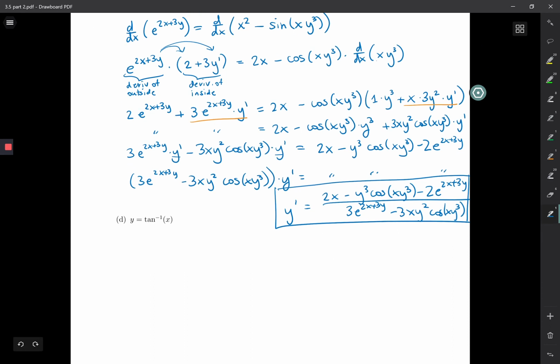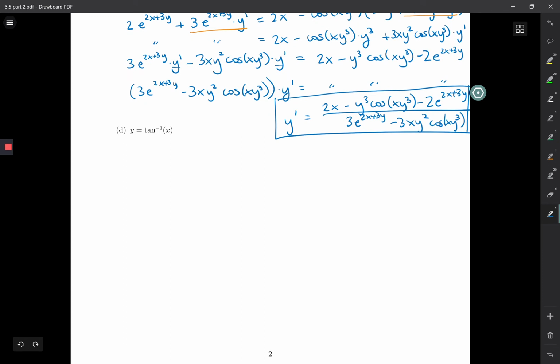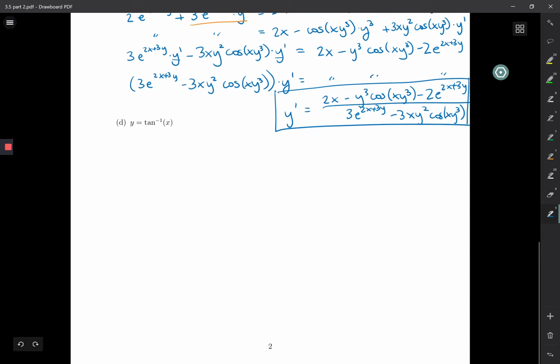Okay, so the last problem is a little bit different. This is one of these inverse trig functions, and I want to do it because it's a useful one, so that you know what the derivative of inverse tangent is. This is very similar to how we did the derivative of inverse sine.